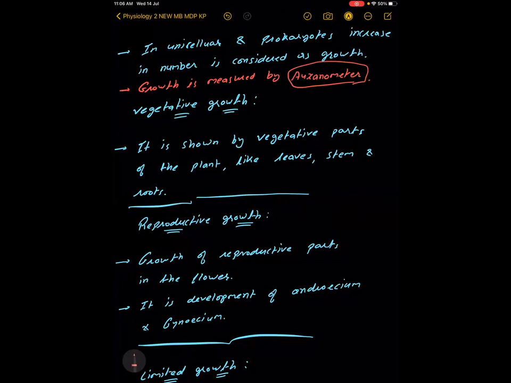Just like manometer for root pressure, porometer for stomata frequency, tensiometer for availability of water, respirometer for respiration. Similarly here, auxanometer for growth measurement. Okay.